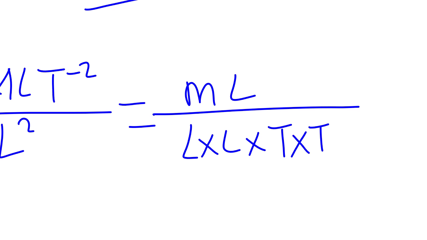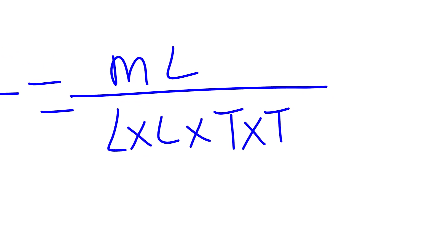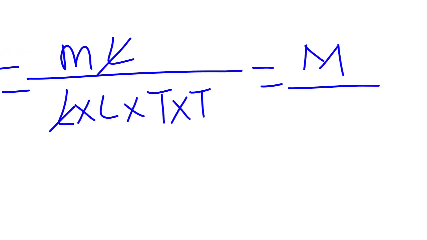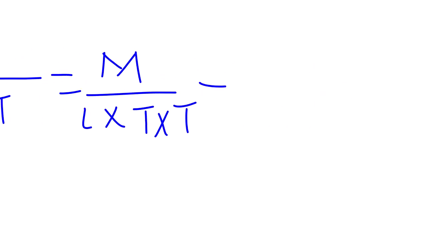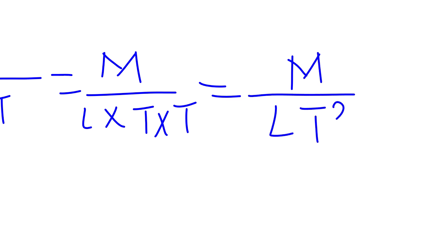It will remain as t raised to the power of 2. So now I will do the cancellation. L will cancel L. What remains is m on top, then L times t squared. This can be written as m all over L t raised to the power of 2.